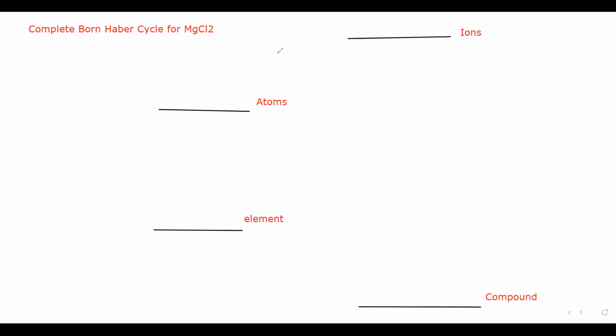So what we need here is MgCl2. That is the compound which we need, MgCl2.